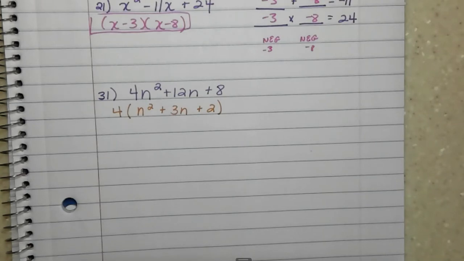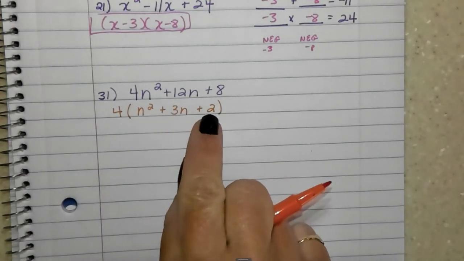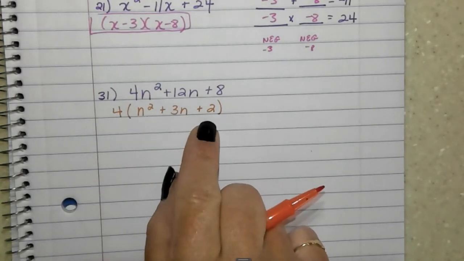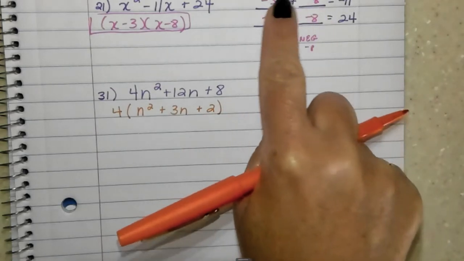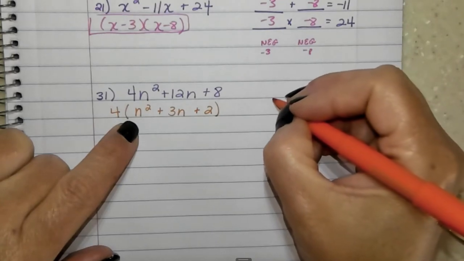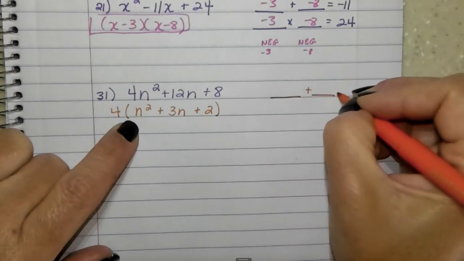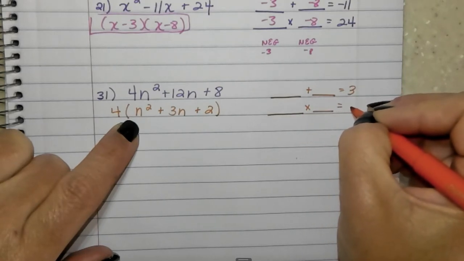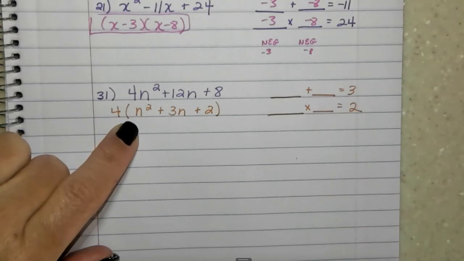Are you done? No, because now you have the kind of trinomial that we were just working with. So now you have to see if you can factor that, and you can, the long way, like we just did up here. So now we're looking for 2 numbers that add up to 3 and multiply to 2.